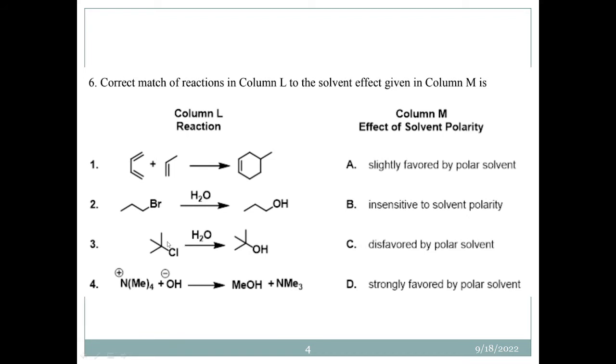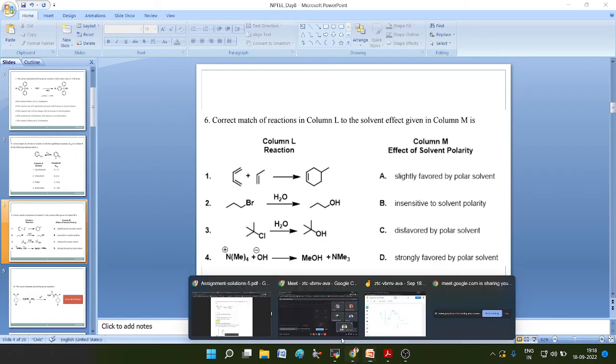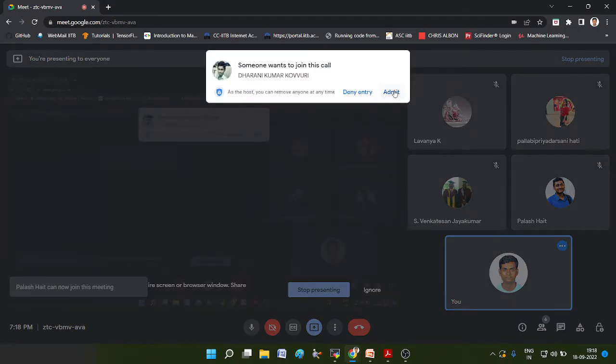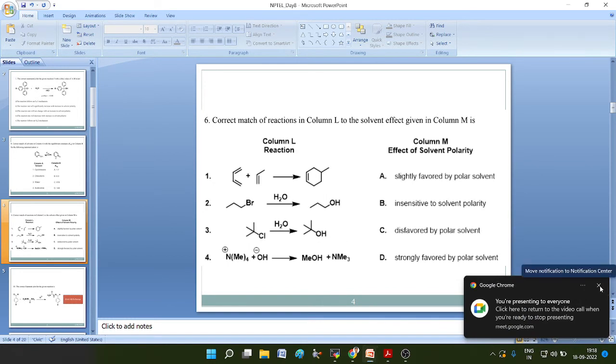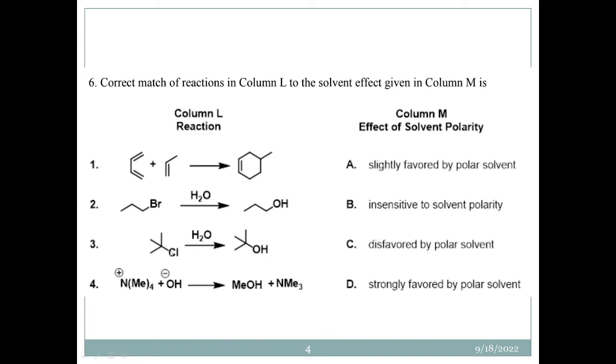This is the ground state of the molecule, like a tertiary chloride, which solvolyzes and forms alcohol. The ground state is neutral, there is no charged species. Whereas in the transition state or in the intermediate, a polar species is involved because the carbocation will form; the tertiary carbocation is stable.